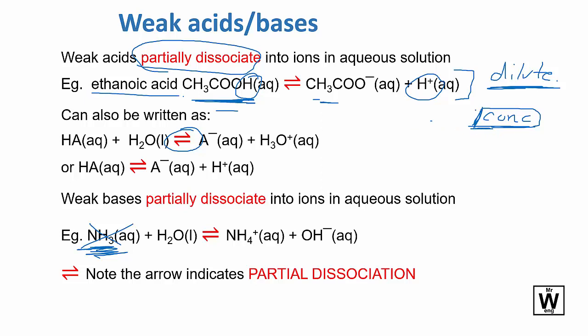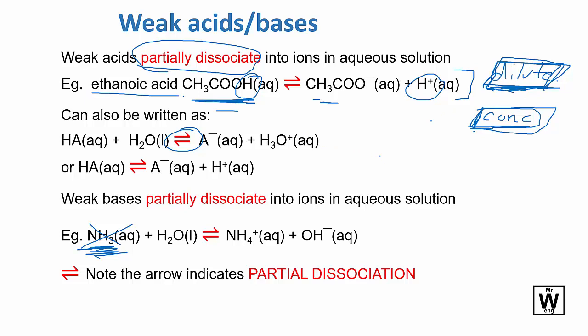So strong and weak acids and bases can both be concentrated and cause damage, and of course they can both be dilute and not do much at all. Strong acids and strong bases can be diluted out, such as 0.01 molar, and have far less hydrogen ion concentration than your stomach acid, for instance.